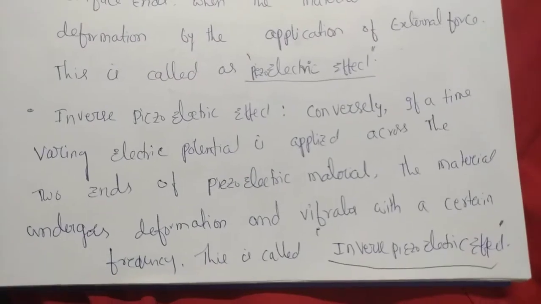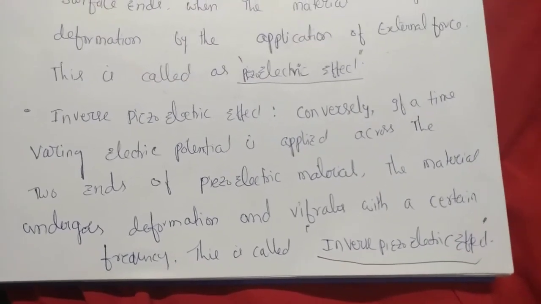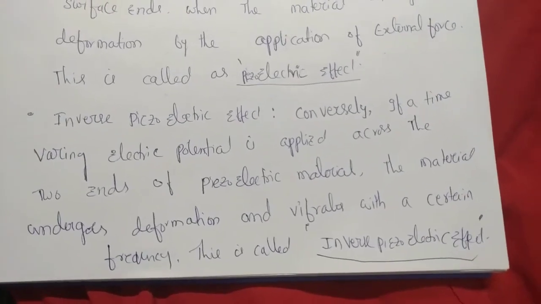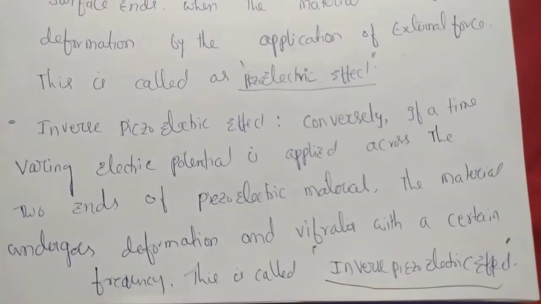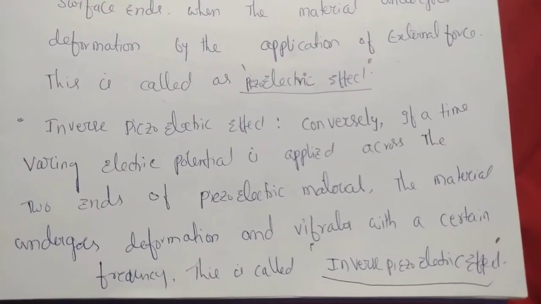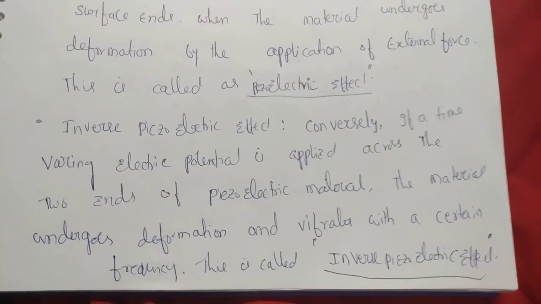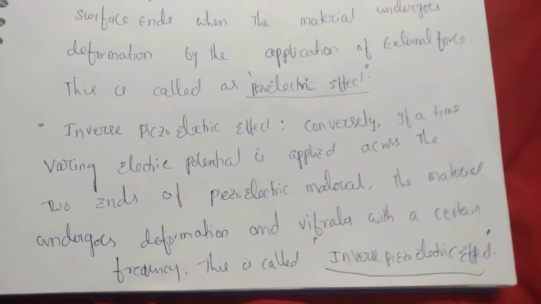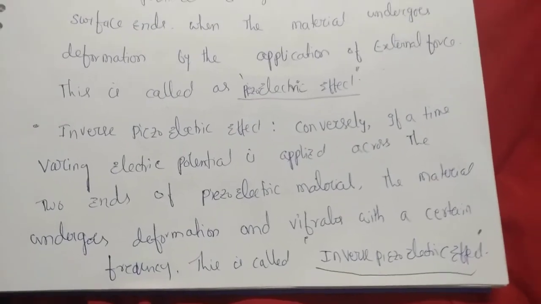The same piezoelectric effect exhibits inverse operation, which we call the inverse piezoelectric effect. Conversely, if a time varying electric potential is applied across the two ends of the piezoelectric material, the material undergoes deformation, generates oscillations and vibrates with a certain frequency.